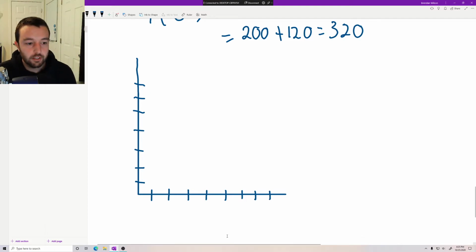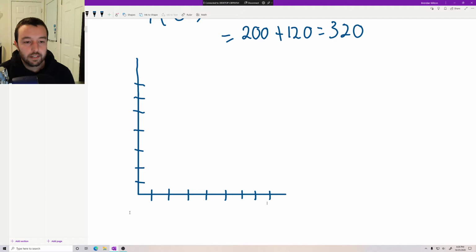So whenever we're drawing a graph, we have a horizontal axis and a vertical axis. The horizontal axis represents what we call the independent variable. There are some other names for it depending on the area of math you're looking at, like in statistics, it's called the explanatory variable.